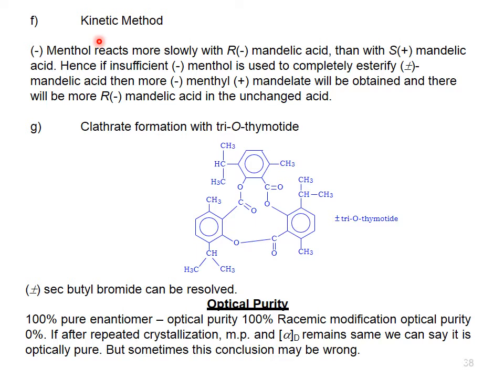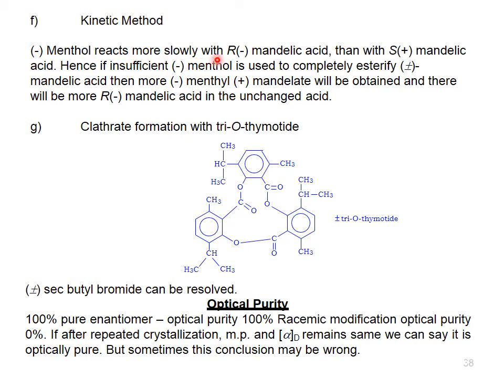Hence, if insufficient menthol is used to completely esterify the plus mandelic acid, then more menthol plus mandelate will be obtained and there will be more R mandelic acid in the unchanged acid. This is the kinetic method.